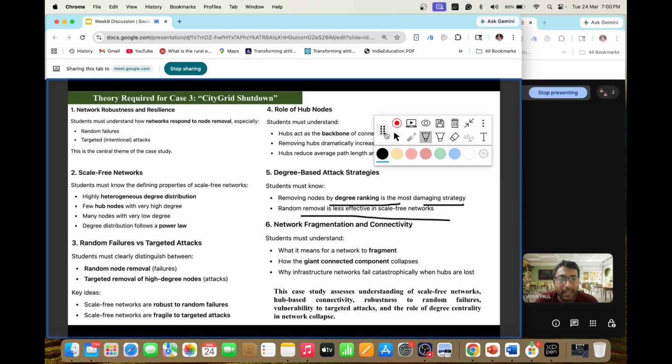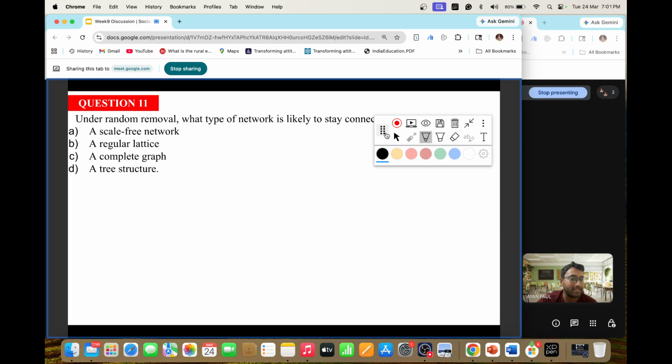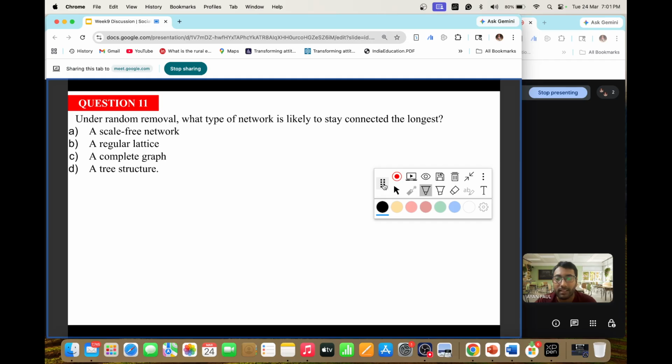This case study assesses understanding of scale-free networks, hub-based connectivity, robustness to random failures, vulnerability to targeted attacks, and the role of degree centrality in network collapse. So this is the total theory required for solving the questions in this case. Let's see the questions one by one, that will clear your concept better.